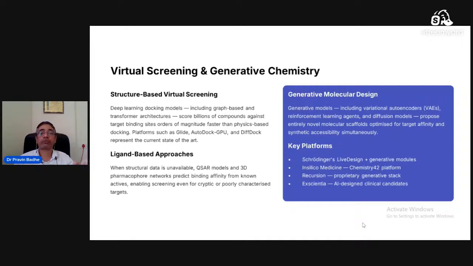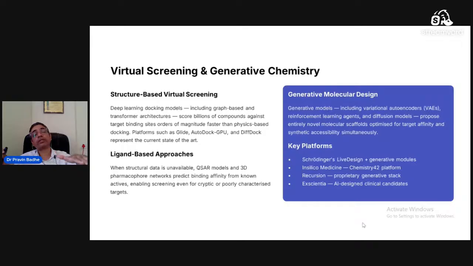So these are some of the key platforms. What they are using is generative molecular design, with different generative models like variational autoencoders, that is VAEs, then reinforcement learning agents, and diffusion models. We are going to see the four models which can be utilized in generative molecular design.